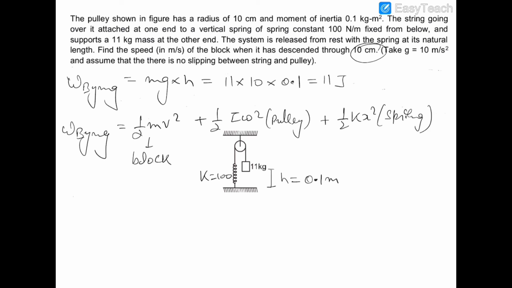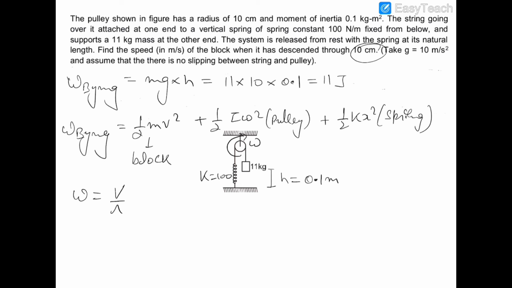Okay, so let us suppose that the linear velocity of the block is v, and therefore this pulley would be rotating like that. So omega will be equal to v by r, and let us find out the final expression, and then we'll substitute the values.